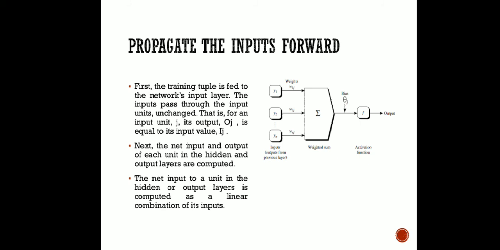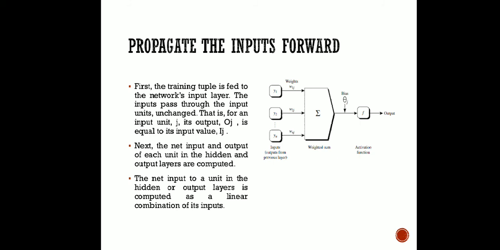Okay, so next, the input and output of each unit in the hidden and the output layers are computed. That is our main goal here: how we are going to feed the outcome of the input layer to the hidden layers, how we are going to make the mapping. Based on that, the input to the hidden layer will be processed. We combine the different inputs and, after applying the weights to them, that will be the input to the hidden layer.